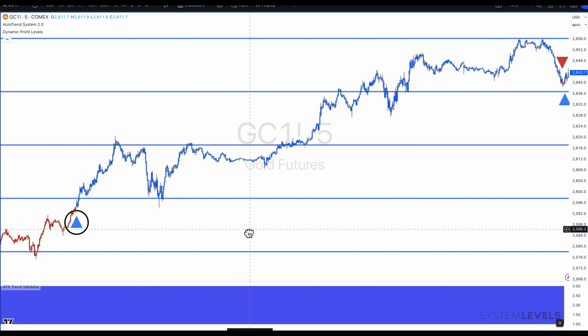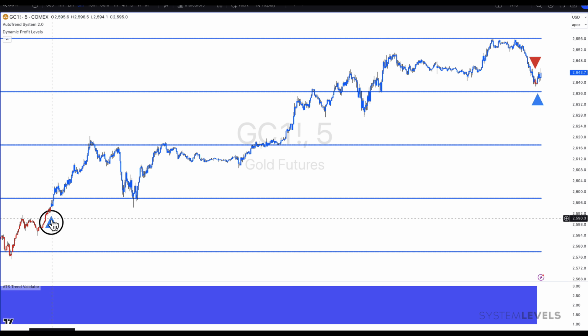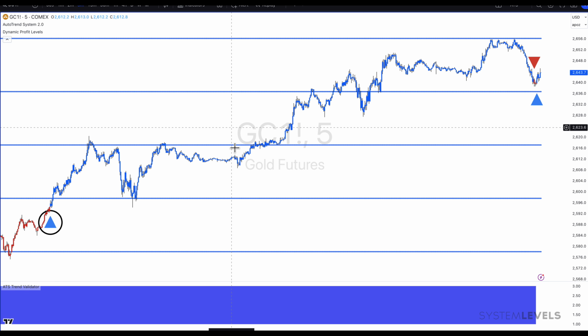So that gives me the confirmation I need to take this long signal on the 5-minute chart, knowing that basically we're going back up towards the direction of the hourly chart. So we have this kind of confluence that our short-term signal is going in the direction of the higher time frame chart. In other words, we're going with the flow of the trend across different time frames on gold futures. We're going with the tide, we're going with the wind as opposed to against it.